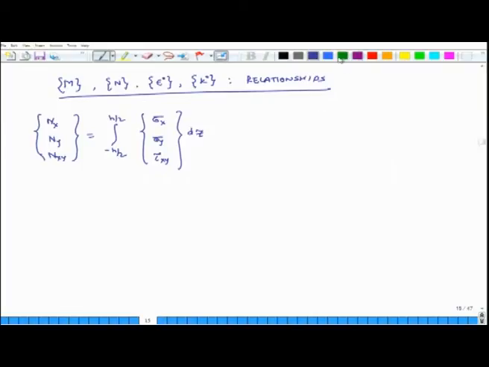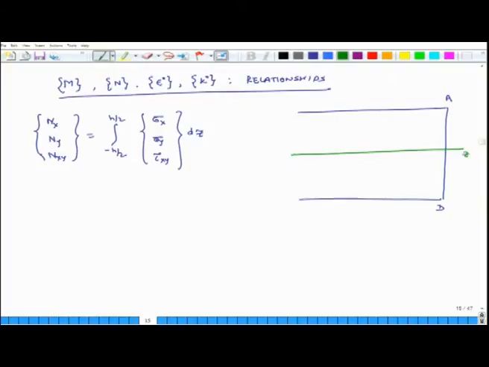Now, before we work on this further, we will develop a convention. Suppose I have a laminate, and this is my point A, this is my point D. The mid plane is located here.